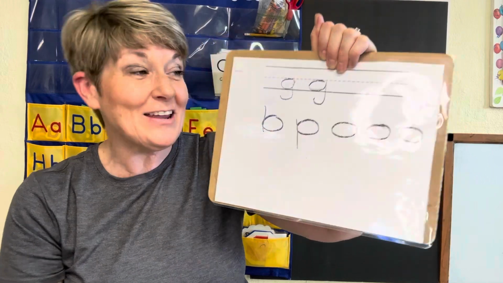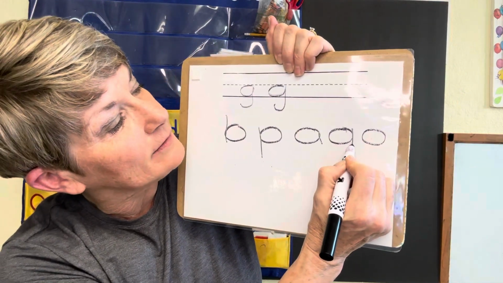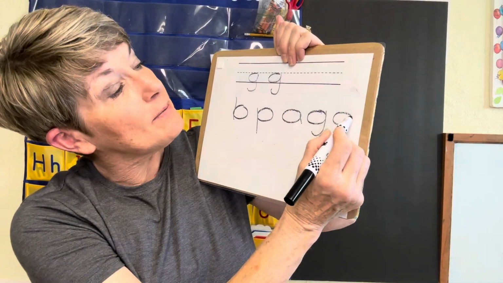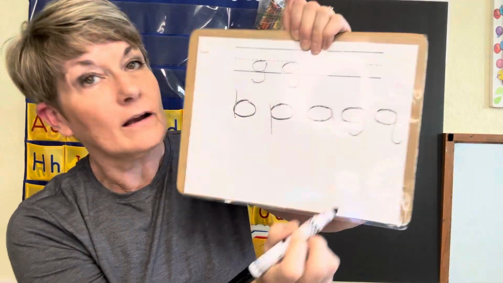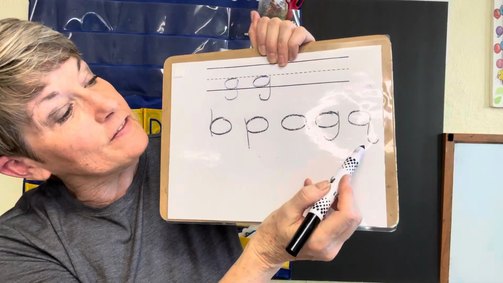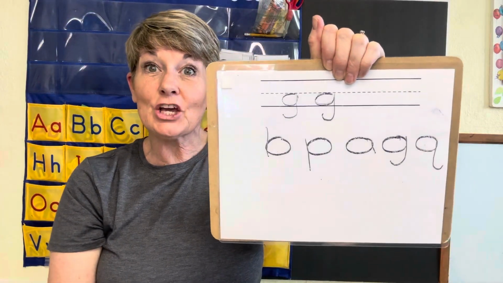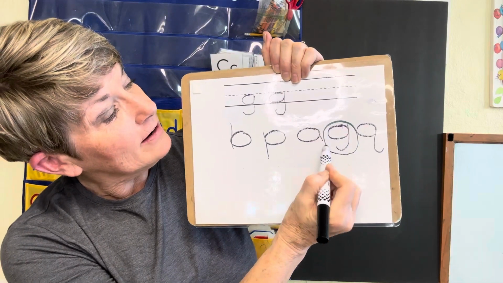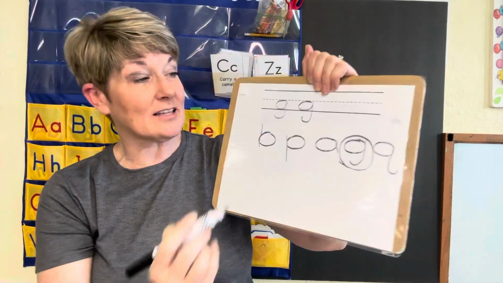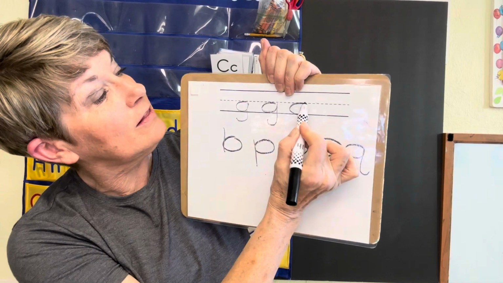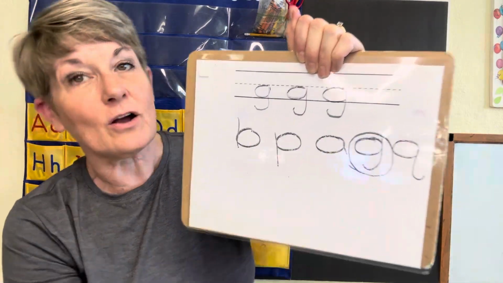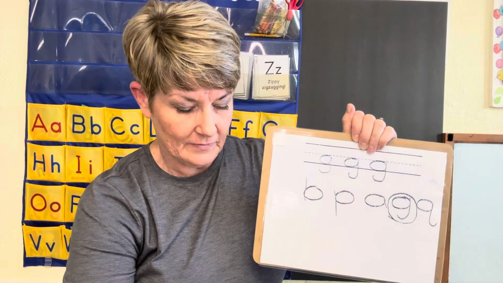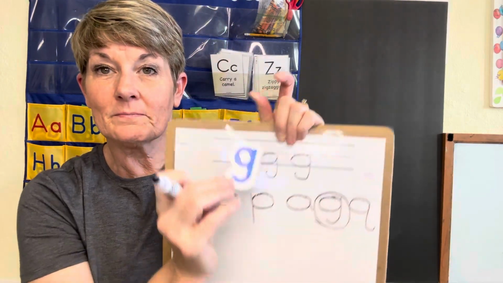That's a letter A, you're right. Okay, what about this one? There's a letter G. Okay, what about this one? Oh, that's curling the other way. That one is a Q. So this one right here is what a lowercase letter G looks like. It's got to be a circle with a line that goes underneath and curls, just like this one right here.